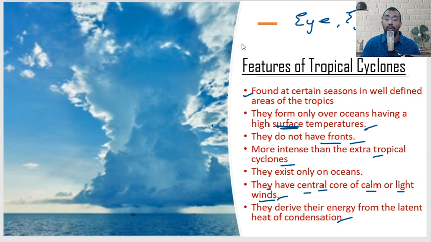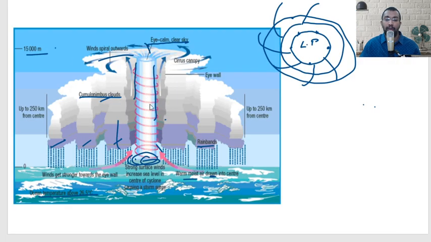It also has a good diameter. The eye has a diameter of about 20 to 40 kilometers. At times it ranges up to 100 kilometers also. So these are all parts of the structure of tropical cyclones. And it has a good amount of rain bands.